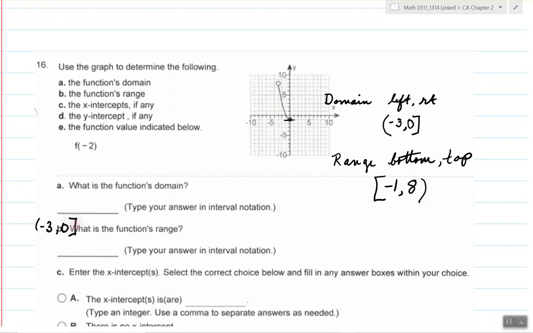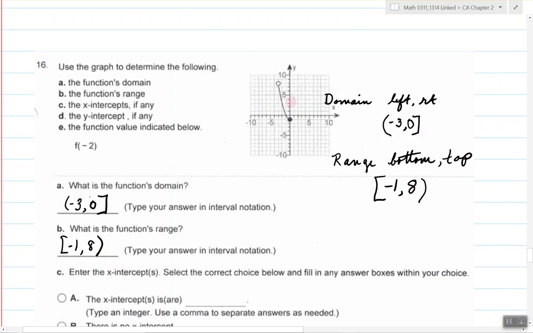So, well, this was interesting. (-3, 0], [-1, 8). So, domain, left to right, range, bottom to top. If it includes the value, put a bracket. If it does not include the value, put a parenthesis.